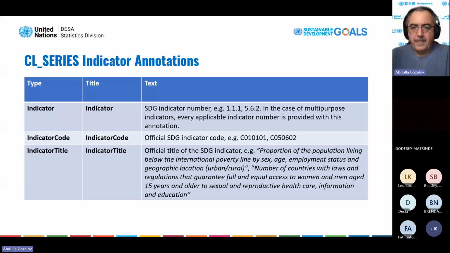Remember, we have the global SDG indicator framework, which is built around indicators. We have about 132 unique indicators. But the SDG data structure definition is built around series. Why is it?